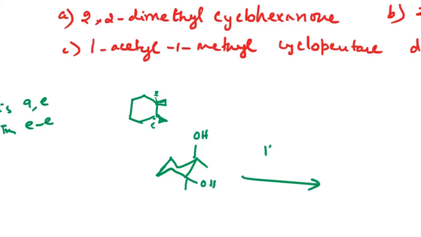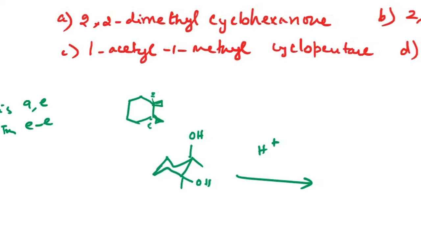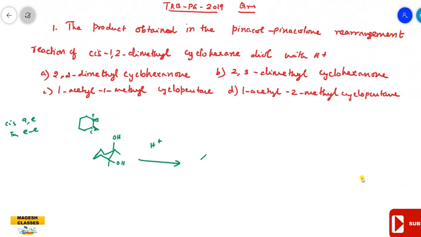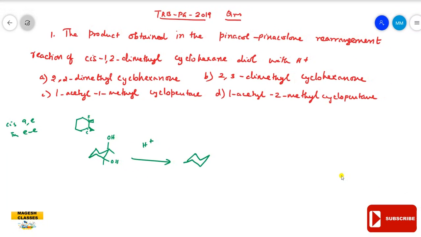When it is treated with H plus, what happens? The axial OH group is protonated, and it will become a carbocation. So it is plus, with the equatorial methyl group, the equatorial OH group, and methyl group. It is the leaving group. The group trans to the leaving group migrates to the carbon.